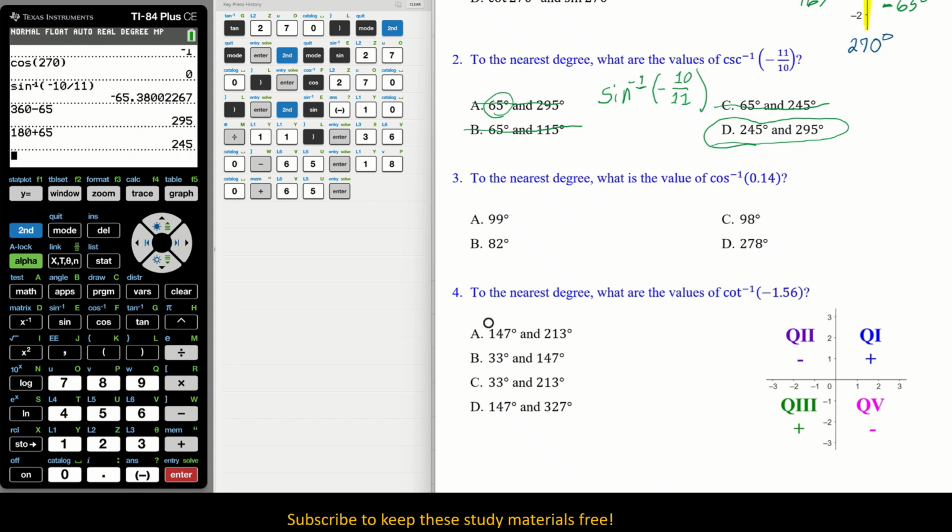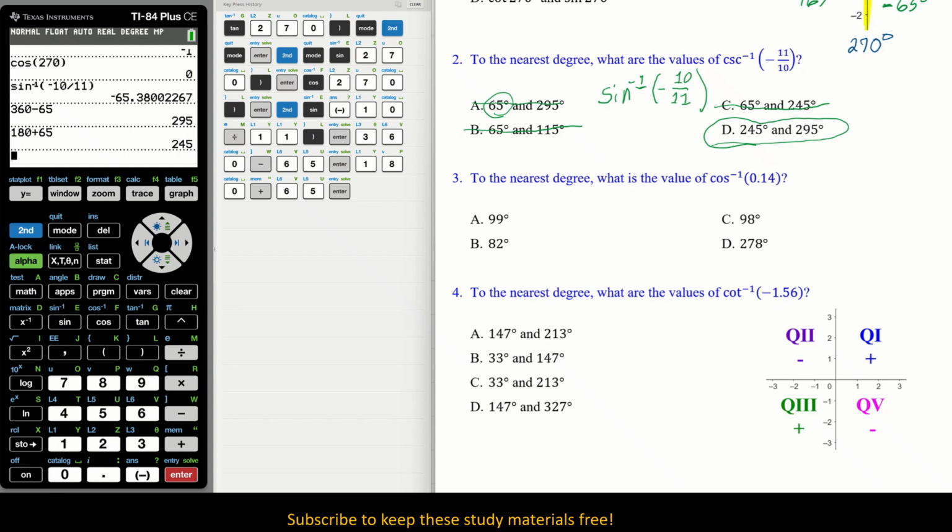Okay, to the nearest degree, what is the value of inverse cosine of 0.14? We just pop that in the calculator. Again, very simple, but that's the thing. Either you know how to calculate it on your own by hand, which can be done, or you know what to do with your calculator.